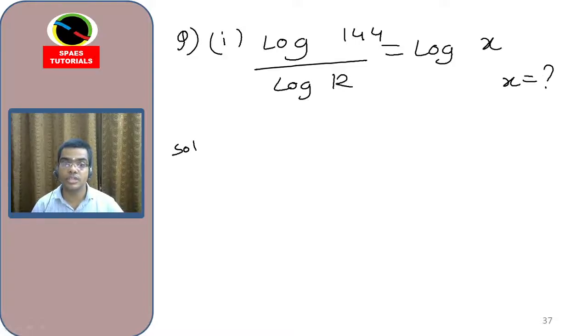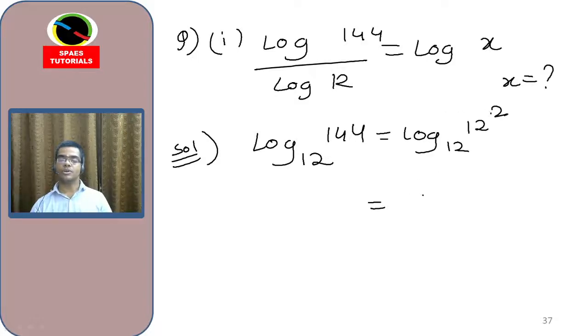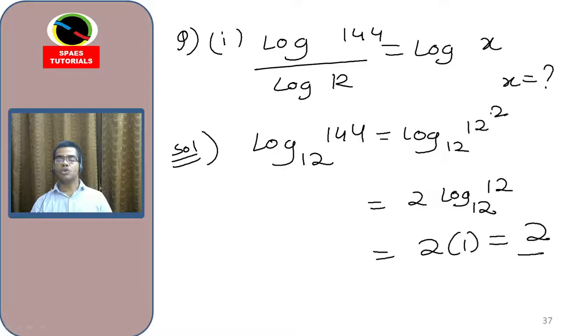We need to use the change of base. Log 144 by log 12 can be written as log 144 base 12, the change of base rule. Now 144 means 12 square, base 12. So this 2 is going to come here. So it's going to become 2 log 12 base 12. That's going to be 2 into 1, nothing but 2.